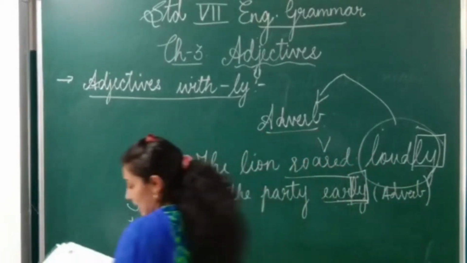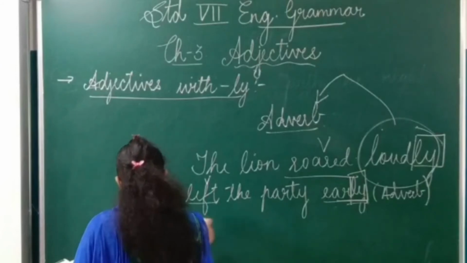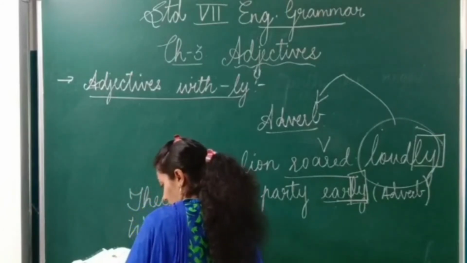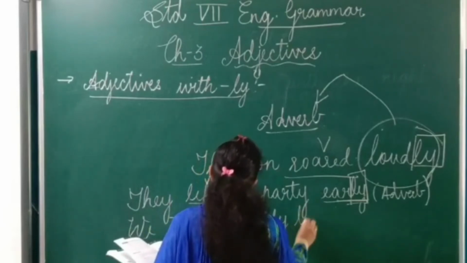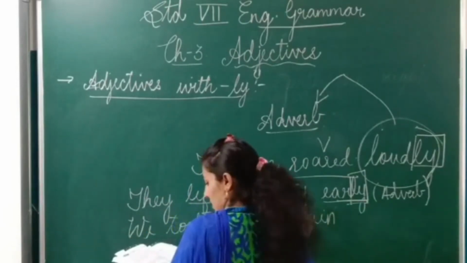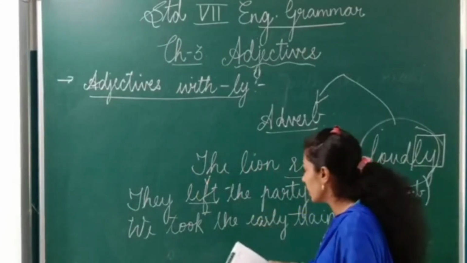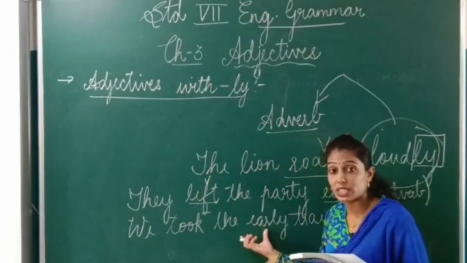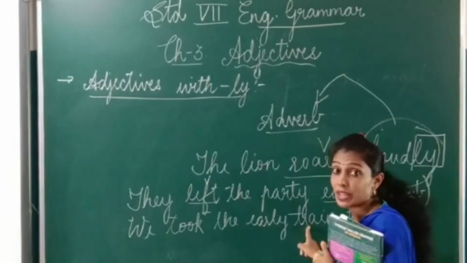Now see the next example. We took the early train to Chandigarh. Now here, see the word early. After early, which word are you getting? Train.